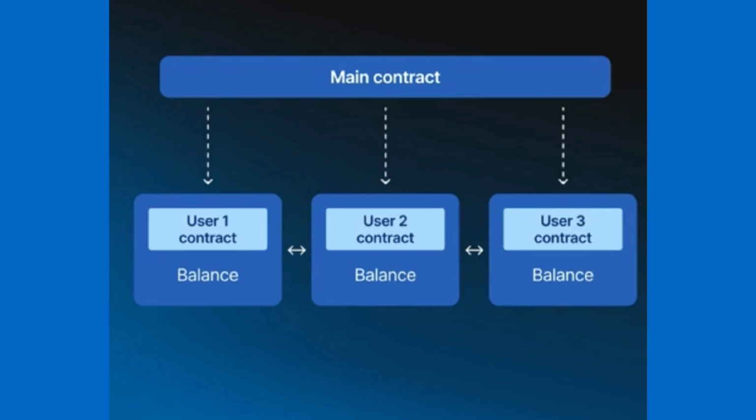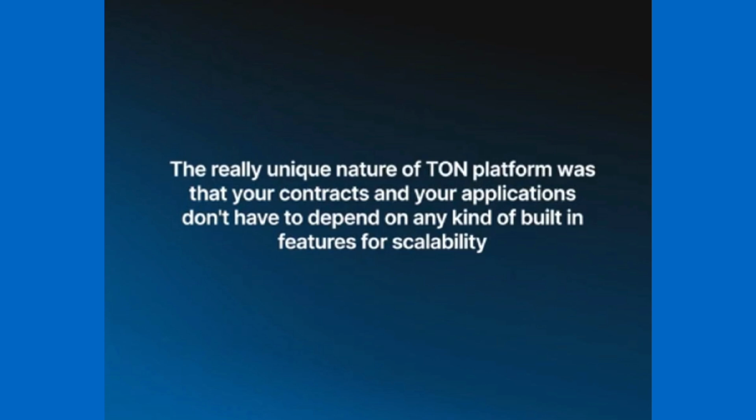And the really cool part about the TON blockchain is that these scalable solutions are built with standard tools, and they're not special cases for special kinds of assets. They are universally accessible to any application developer.